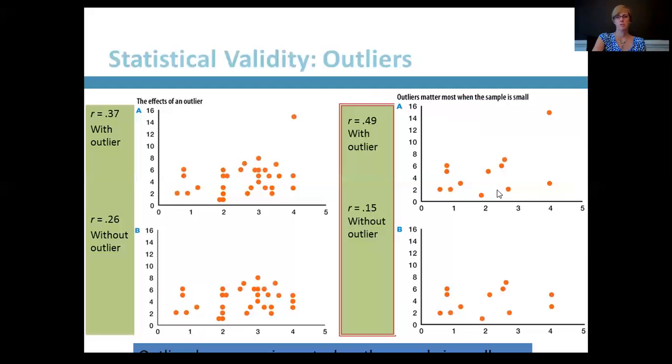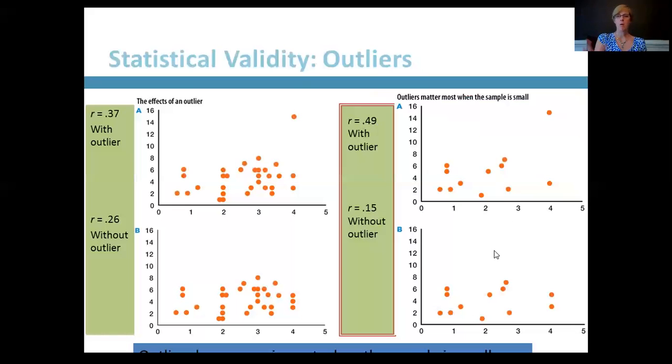Same thing over here on the other side. Notice here, we've got the same data set on top and bottom, except the top has an outlier. But the other thing about the right side graphs is it's a smaller sample. There's not as many people in the sample. So what you see is with the outlier, we have an R of 0.49. We remove that outlier, it drops dramatically to 0.15.